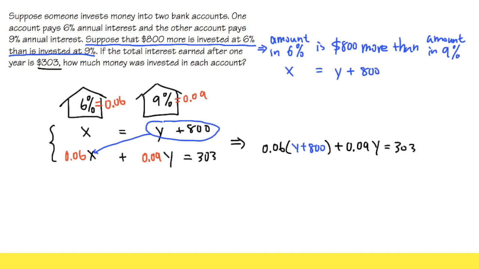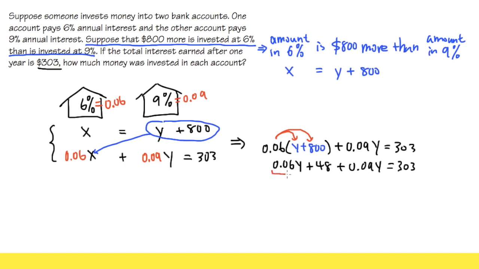And now we can just focus on how to solve this regular equation, because this is just an equation with one unknown Y. Distribute the number into the parentheses, and let's see what we have. 0.06 times Y is just 0.06Y. 0.06 times 800 will give us plus 48, and then this is the same, 0.09Y, and this is equal to 303.